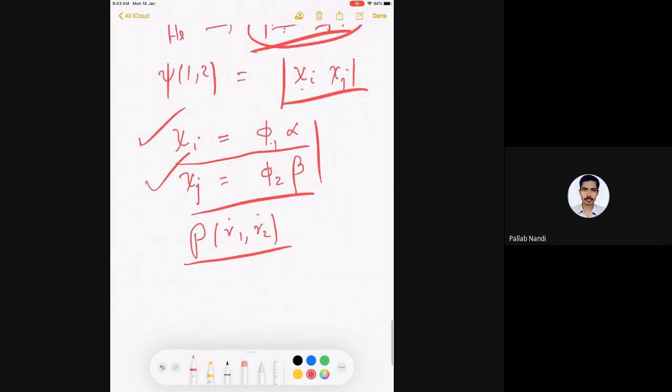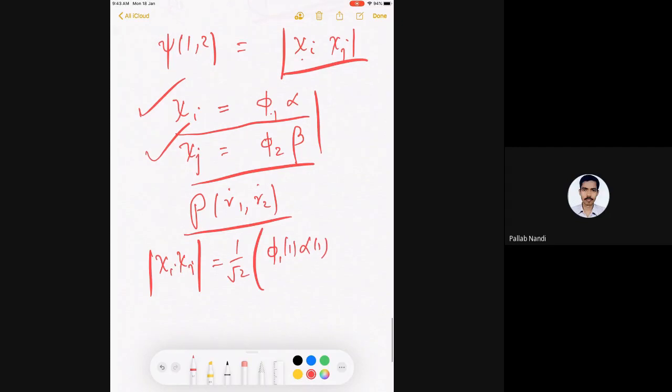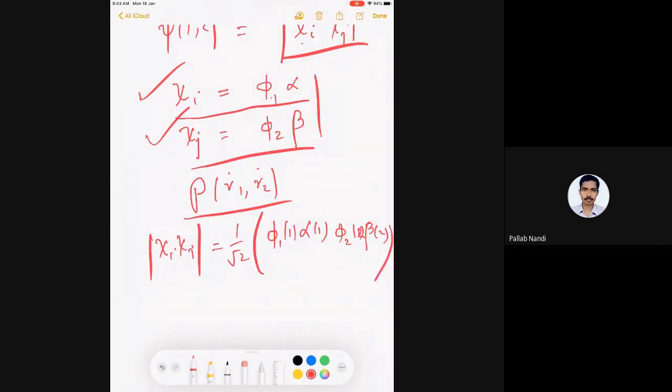So I will now expand the spin orbitals. Since I'm doing something new, I have to write this as 1 by square root 2 phi 1(1) alpha(1). So that is chi I(1), phi 2(2) beta(2), right? So that's the first function.